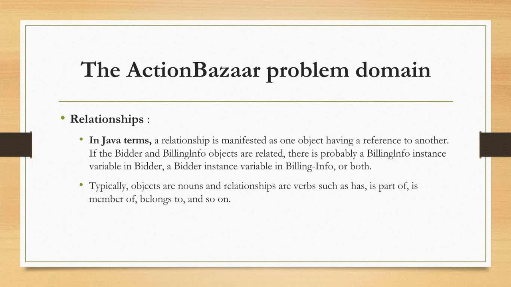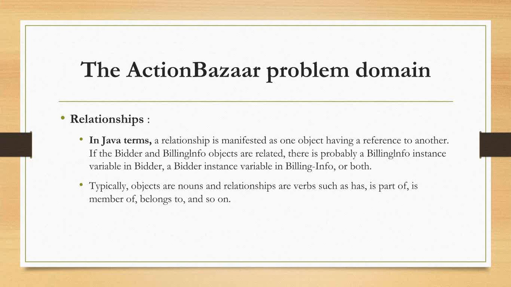So in terms of Java, a relationship is manifested as one object having a reference to another. Yes, that is how we represent associations in Java, right? Using object references.